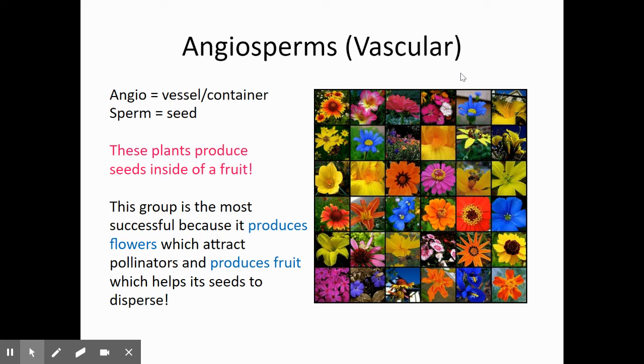So whether we're talking about bees, butterflies, hummingbirds, or bats, for example, the flowers attract pollinators, and the pollinators have basically helped this plant group reproduce. The other thing is after the flower is fertilized, okay, so pollen from one plant goes to another plant, then we say the flower is fertilized.